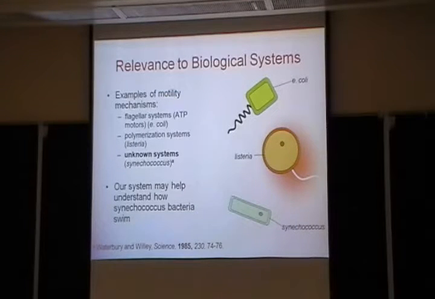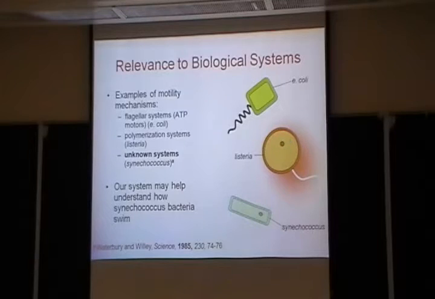And Peter Mitchell, who got the Nobel Prize for proton motive force, biology running on proton gradients, suggested back in the 60s that some bacteria might actually move by the same mechanism. There are, of course, the flagellar bacteria, where the flagella move.